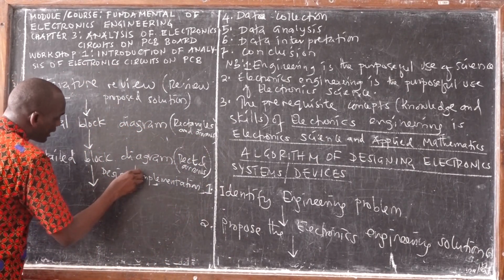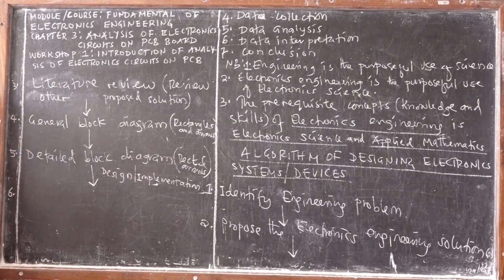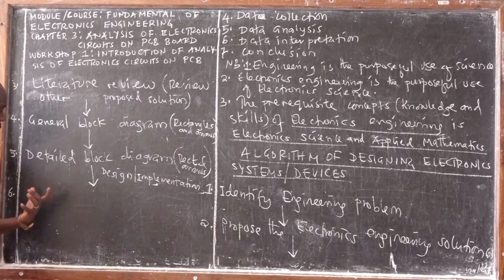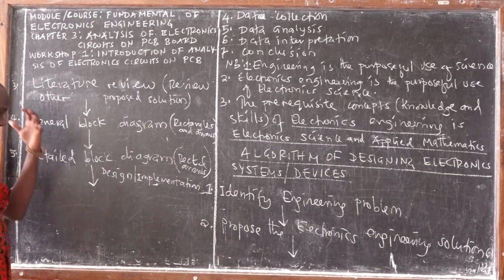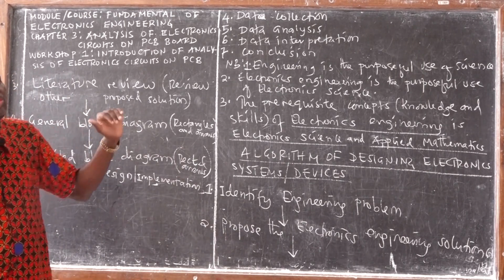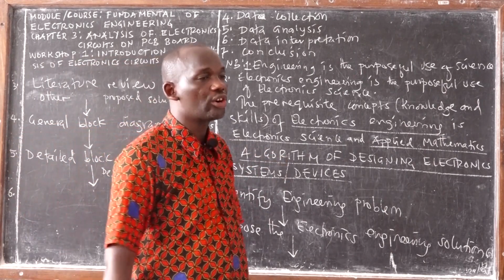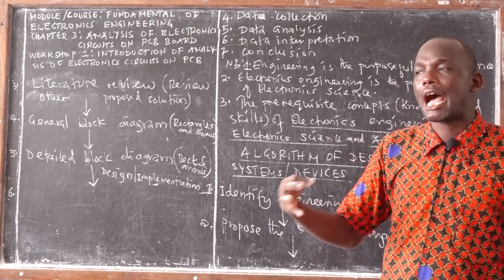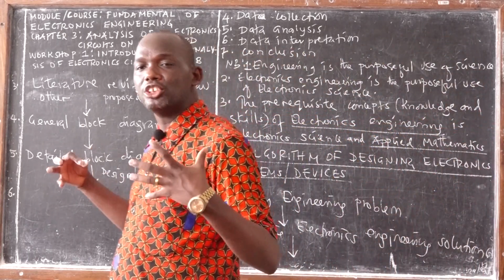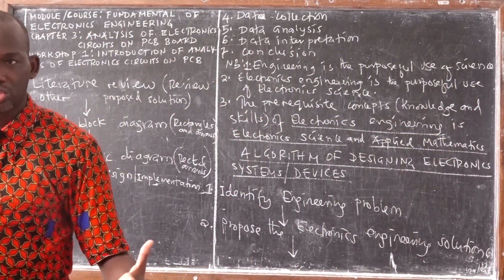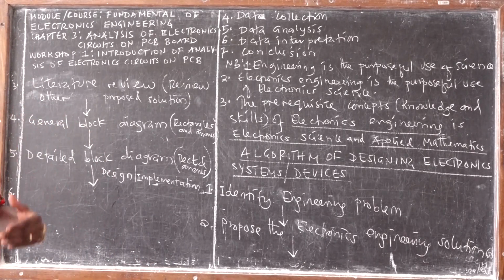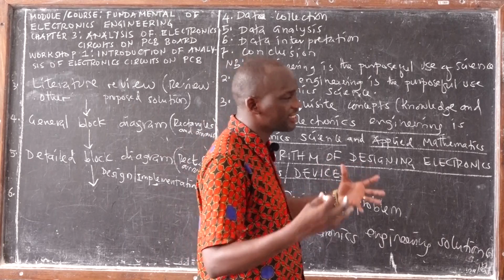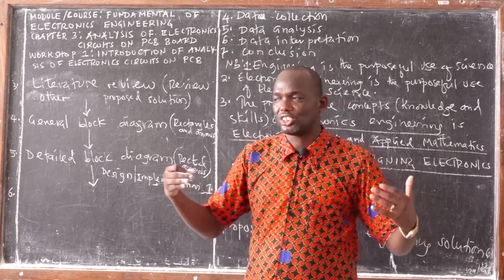In this process of design and implementation of electronics, we open each block of the detailed block diagram. Once we open it, we have to come up with electronics components or electronics modules, or maybe some headers or some electronics connectors. Those are the parts that we're expecting to have.